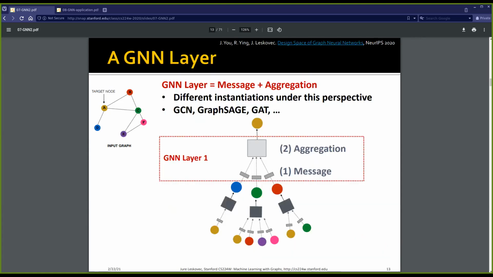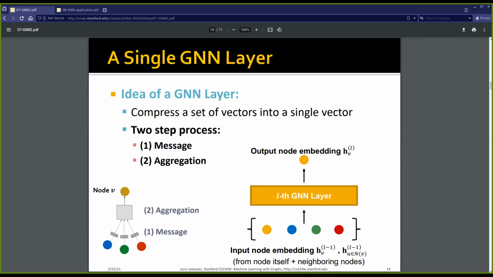Okay, so a single layer, as I said, is composed of a message passing and aggregation. What you want to do is use the messages that you get from the neighbors and then aggregate them into a node embedding, but the aggregation should happen in a way that is permutation invariant, so the ordering of the nodes shouldn't matter.